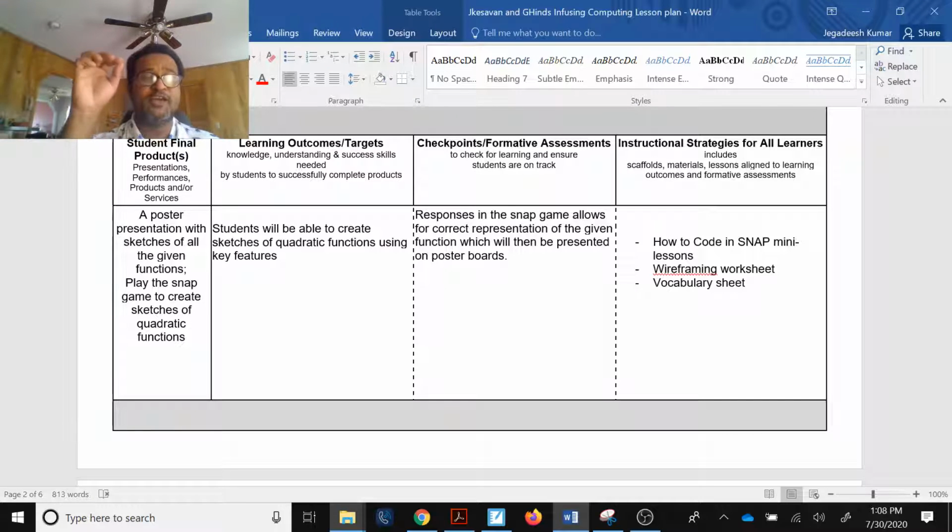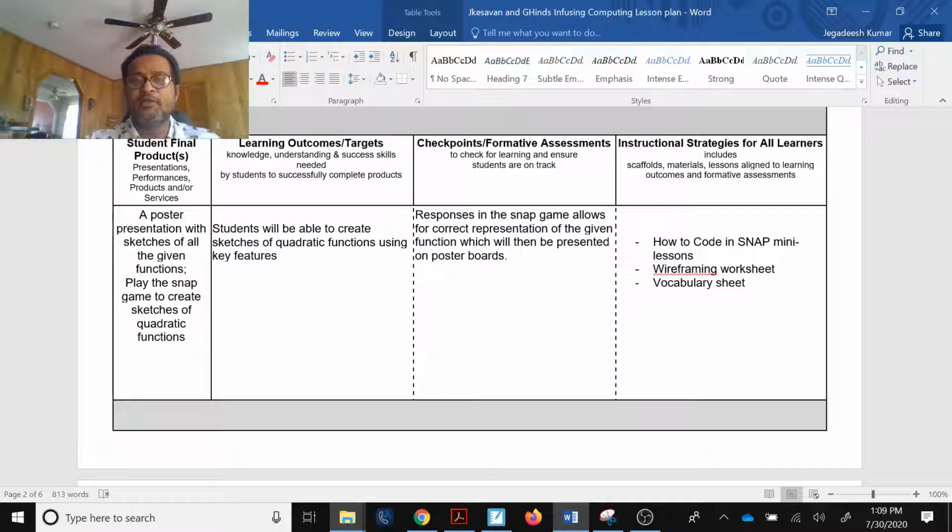They'll first have to play the SNAP game based on the key features of quadratic functions, and also we are going to present them with some improvements they might be able to make in the coding itself. So those are the final products.